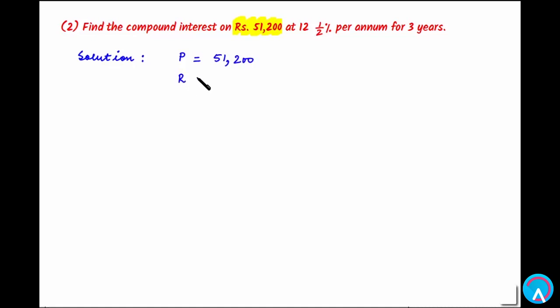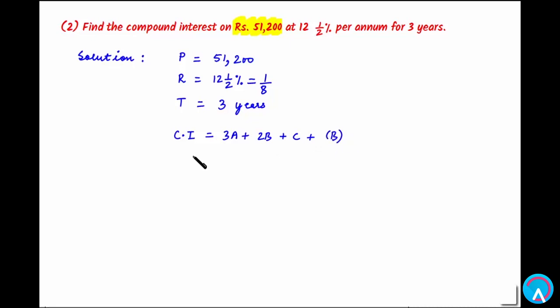The rate is 12.5%, which when calculated as a fraction on 100 comes as approximately 1/8, and time here is given as 3 years. As we have already discussed, the formula for compound interest here will be 3A plus 2B plus C plus B.